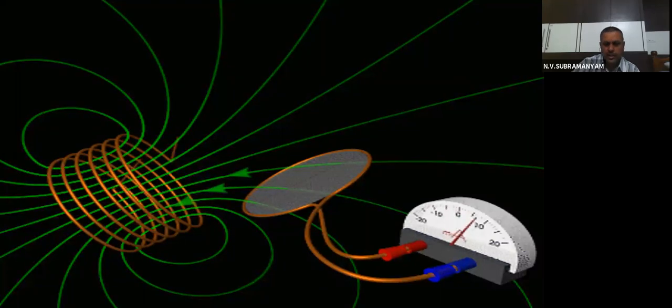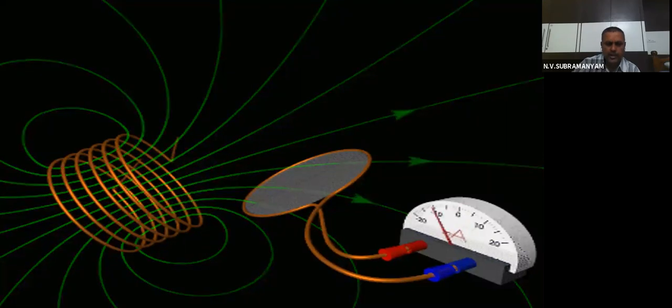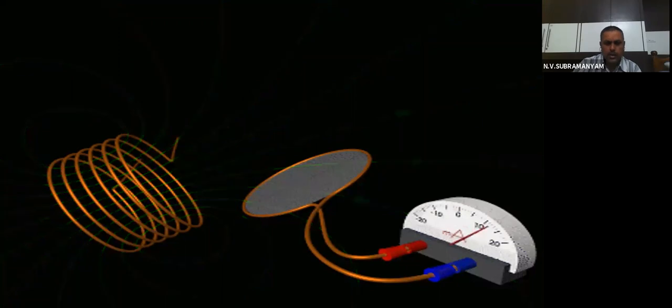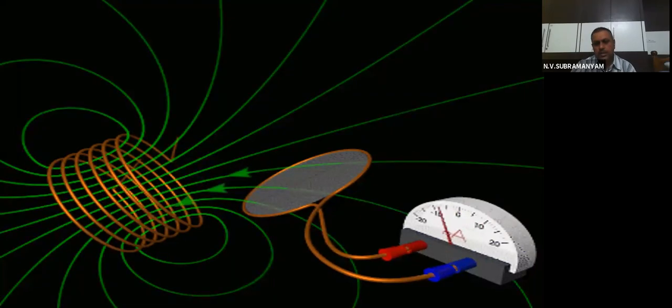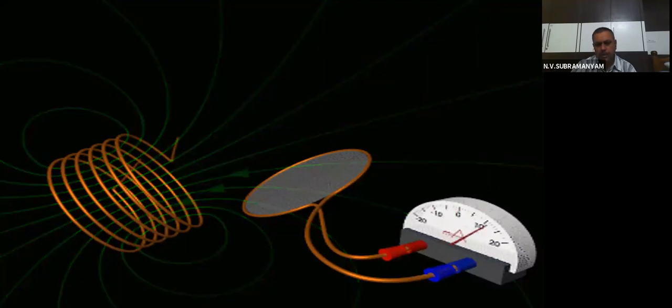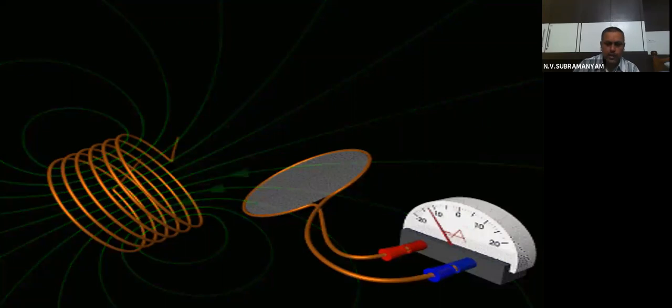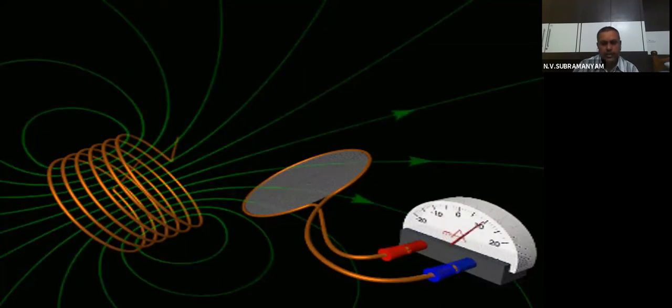If I reverse the current, you see the ammeter, the pointer is reversing, and the field lines are also reversing. That means what is the meaning of this? If you are sending the current in one direction, the magnetic field will be acting in one fashion. If you send the current in the opposite direction, the magnetic field direction will also get reversed.